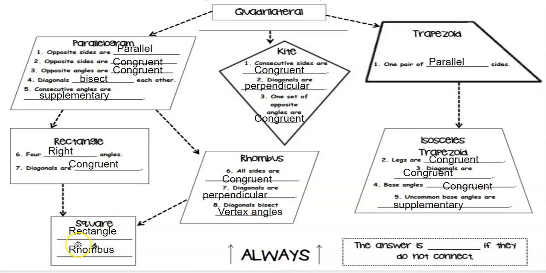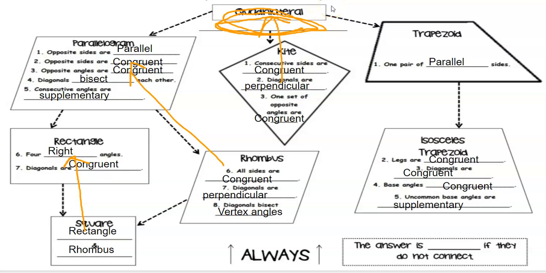A square is, let's do this with some color, a square is always a rectangle because I go up to go from square to rectangle. A rhombus is always a parallelogram. I'm going up. A kite is always a quadrilateral, and I just saw that I did not fill in that top little line. What goes here is the definition of quadrilateral, which is 4 sides.